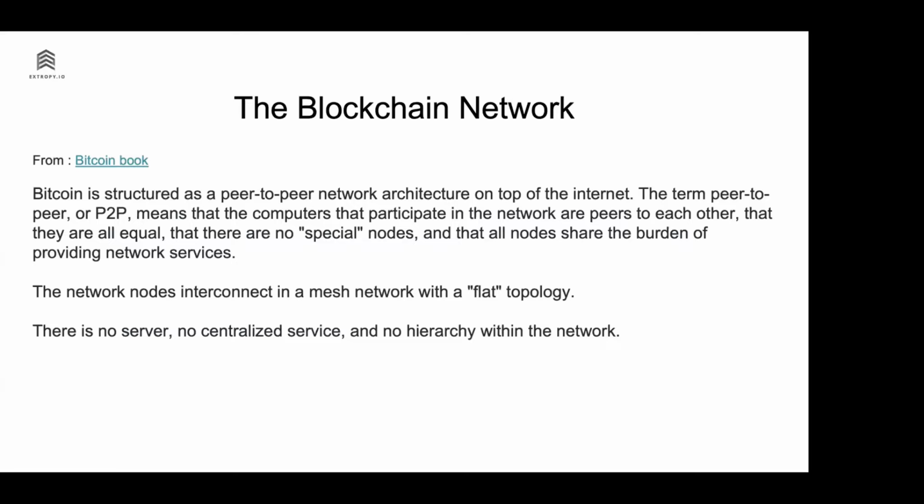So the nodes are all considered really equal in the sense of the network. There are no special nodes. There's no central coordinating node that will allow people to join or leave the network. It is completely ad hoc, and in a permissionless network, anybody can join or leave the network at any time. And just no hierarchy whatsoever.